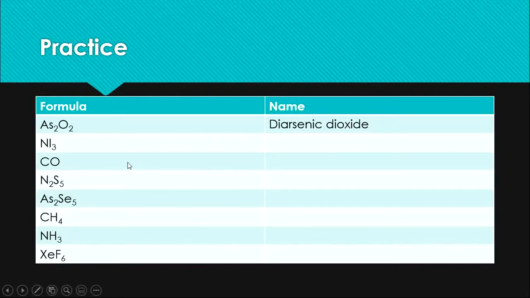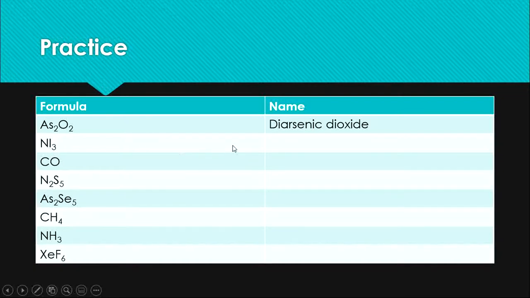Let's take a look at the next example, NI3. How many nitrogen atoms are there? There's no subscript, right? So what does that mean? It means that there's only one nitrogen there. Okay? So 1 nitrogen, and how many iodines? 3 iodides.